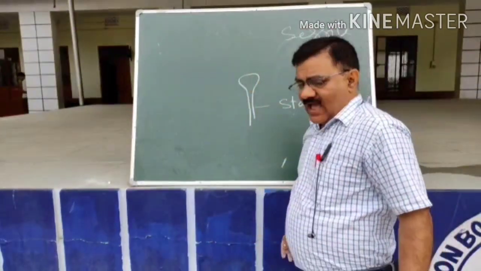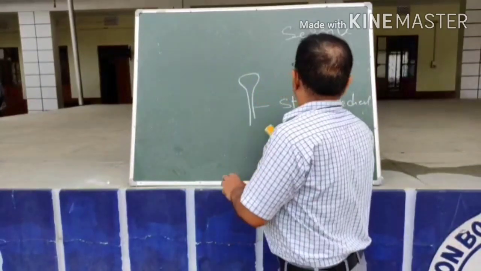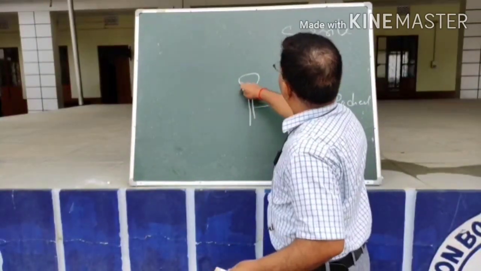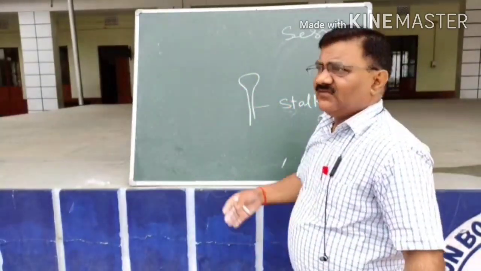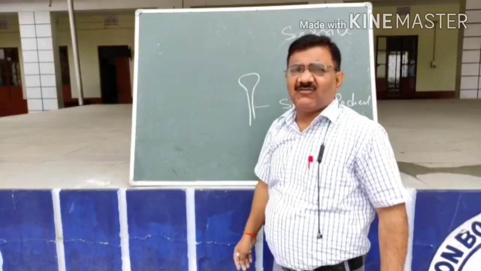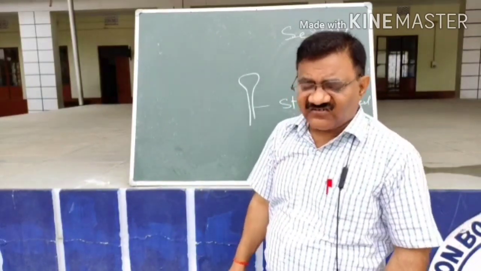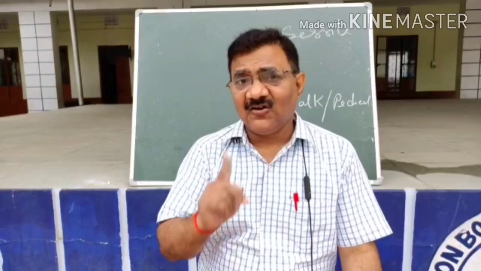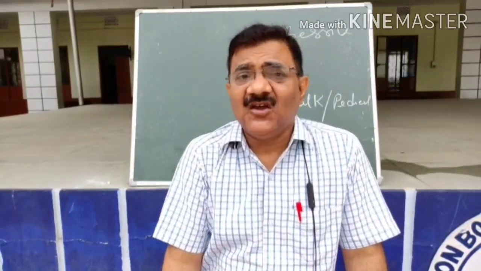So this is the stalk, and just above the stalk you can see a cup-shaped structure. Read or not, I have sent the scanned copy of the book page also. What is that cup-shaped part called?